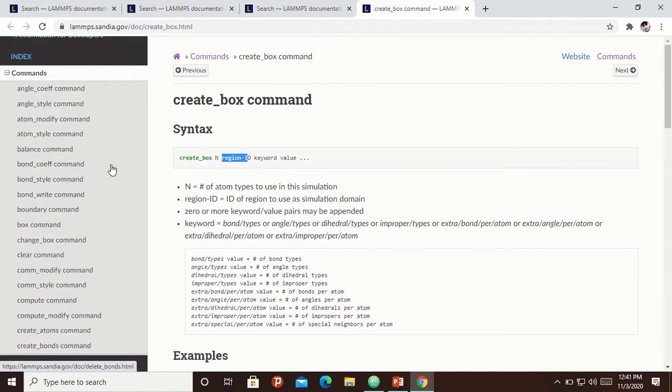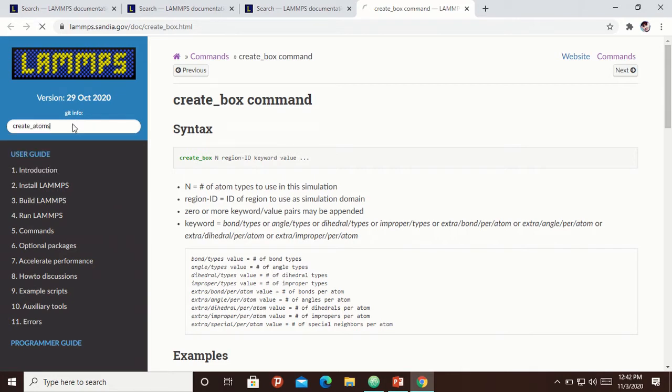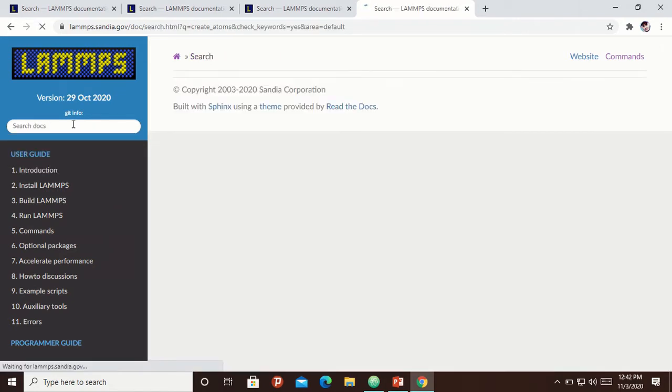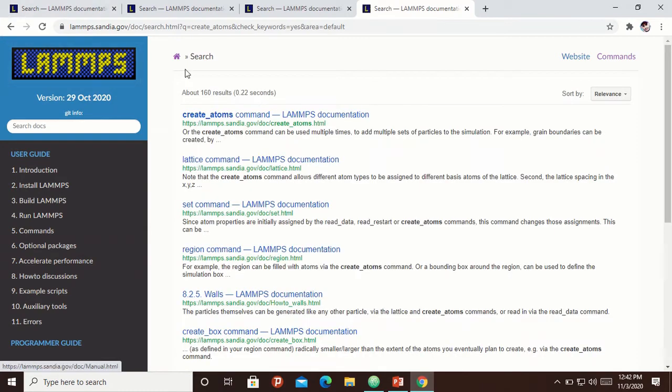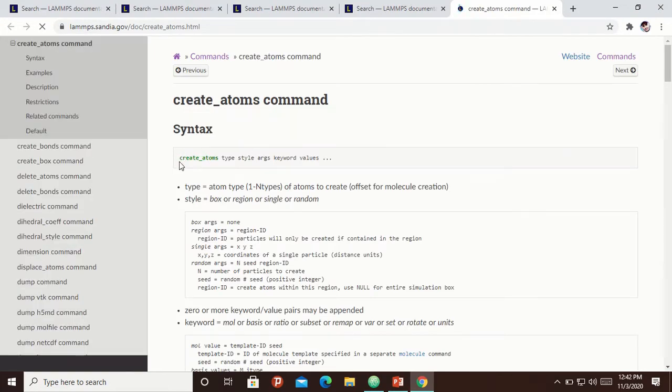Okay, so let us see the syntax of the create atoms command. This is the syntax of the create atoms command. This is create atoms, this is the keyword here, and now type.